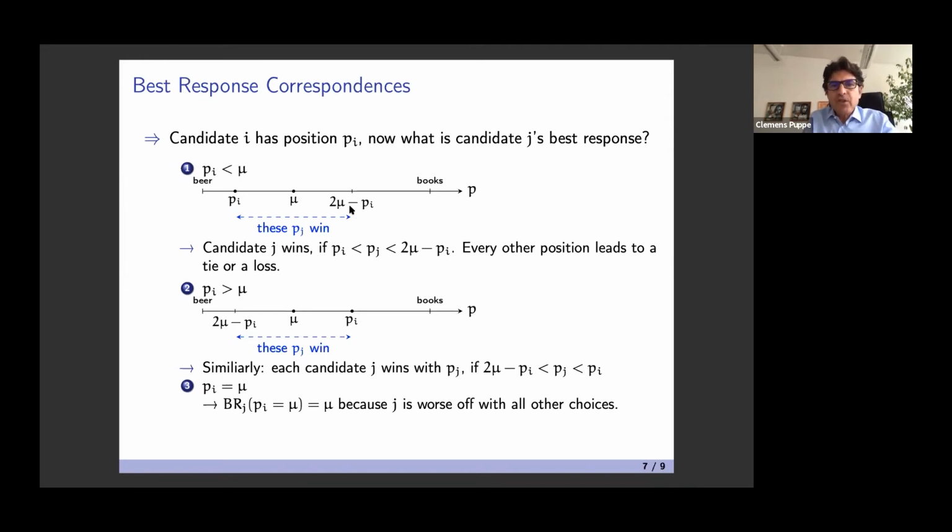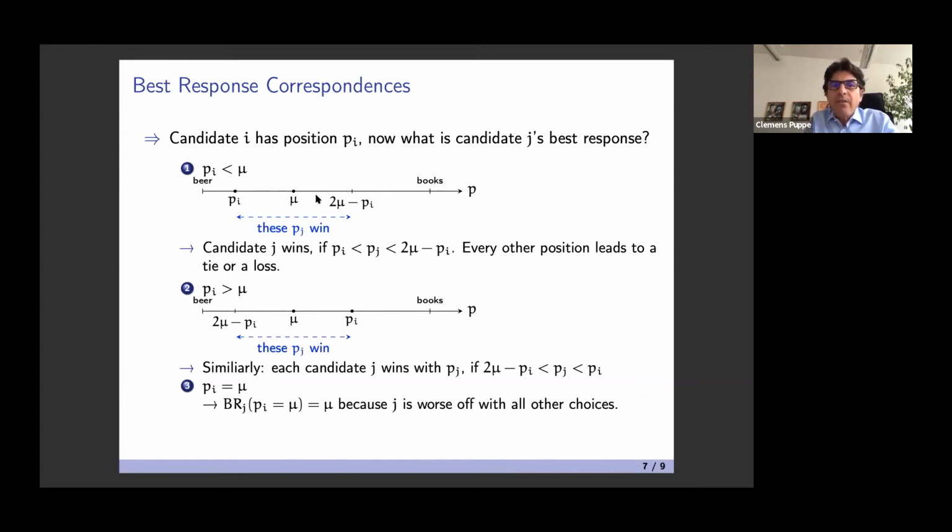Well, if J positions too far to the right, then it's clear that candidate I will be closer and will win the election. If J chooses a point to the left of PI, then also PI wins.